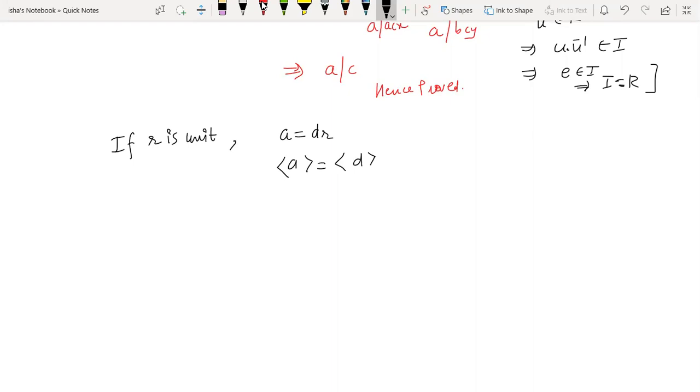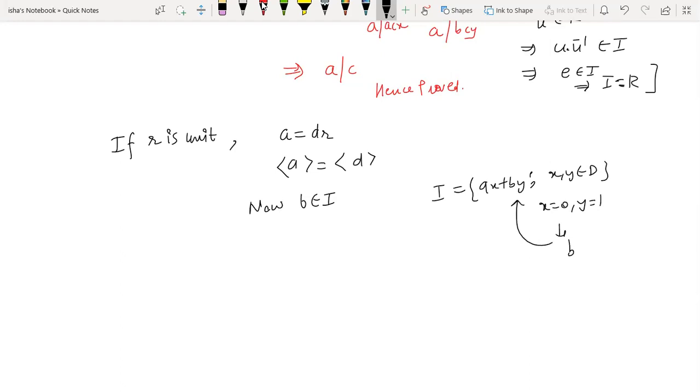So then the ideal generated by A is going to be the same as the ideal generated by D. Now B also belongs to I. Where is I? I was AX plus BY, where X and Y belong to D. Again, how does B belong to I? If you take X as 0, Y as 1, that will give you B from here. So B belongs to I.